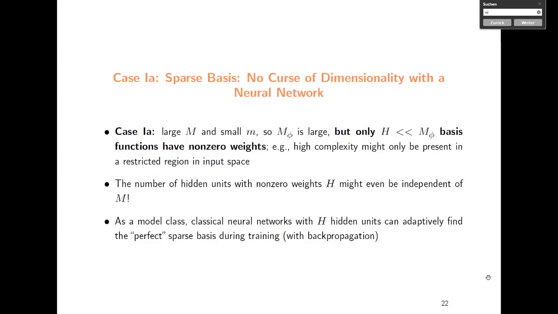So you can get away with a much smaller number of hidden units without necessarily sacrificing complexity, because the complex behavior of a function is typically quite local. And this, some people argue, would be the key to understanding the success of neural networks. And we will talk about a theory of Andrew Barron, which makes this more concrete.